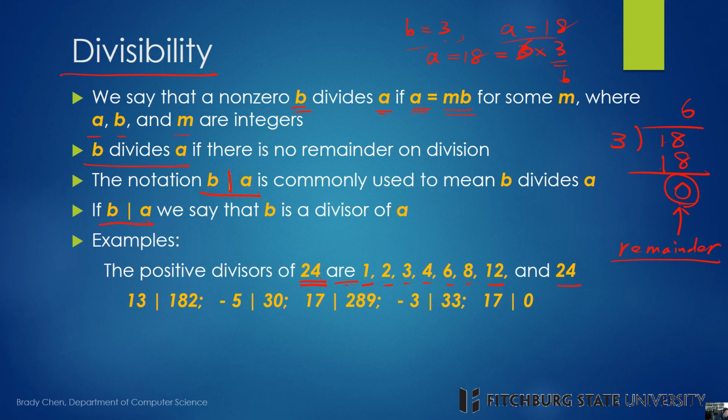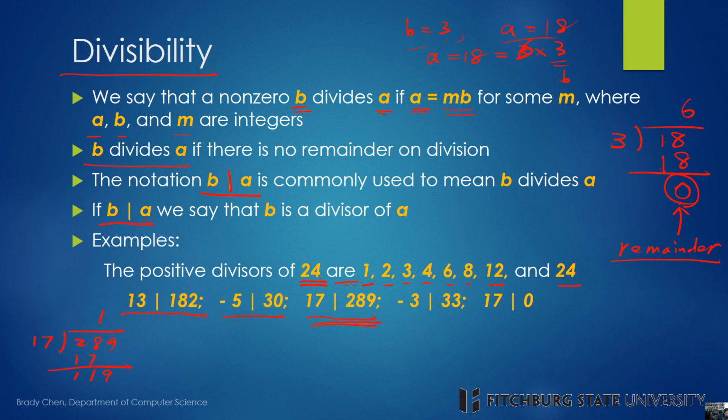Here are some more examples. 13 divides 182, minus 5 divides 30, 17 divides 289. Let's check this one. It's not trivial. Let's say 289 divided by 17. We can do the division. We put the 1 here, 1 times 17, and then 28 minus 17 is 11, bring down the 9, so it's 119.